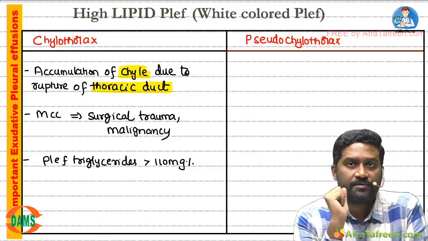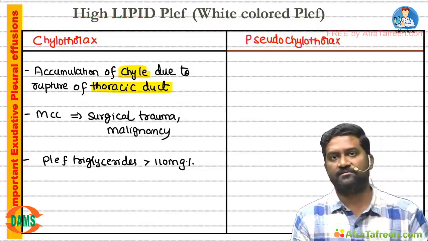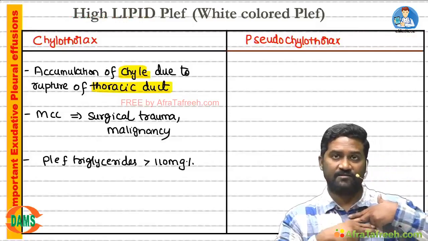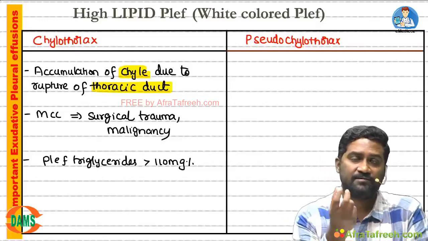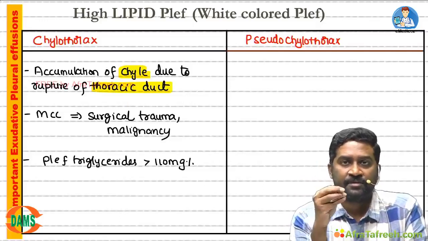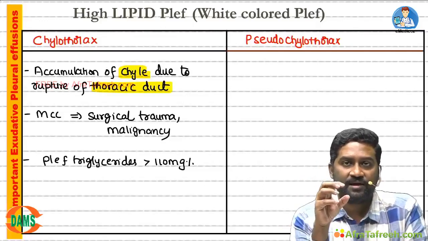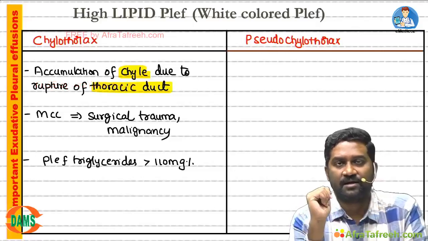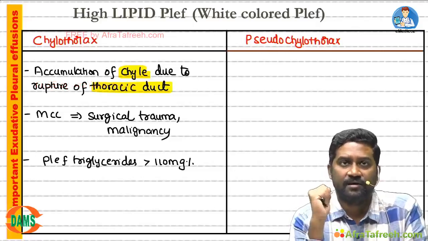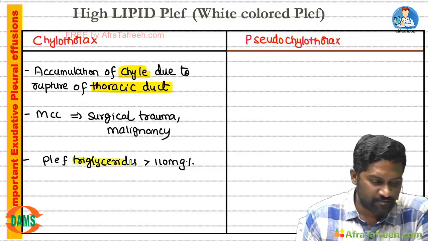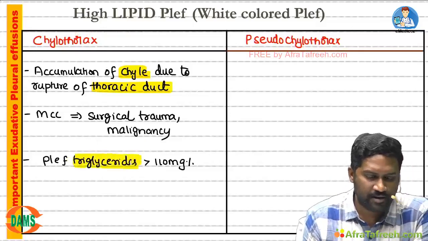And what is the most important cause? Surgical trauma. Whenever you are doing some chest surgery, the thoracic duct might accidentally be damaged. The adjacent pleural membrane can also be damaged, resulting in leak into the pleural cavity. Malignancies: a few malignancies can directly infiltrate the thoracic duct, damage it, resulting in chylothorax. And what does chyle contain? Triglycerides. That's why within the pleural fluid, triglycerides will be high.